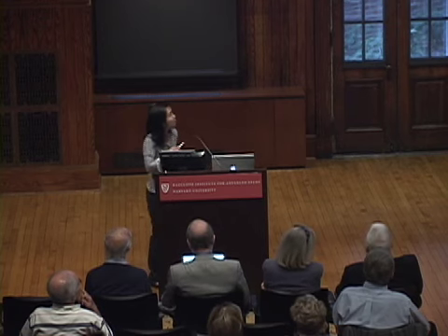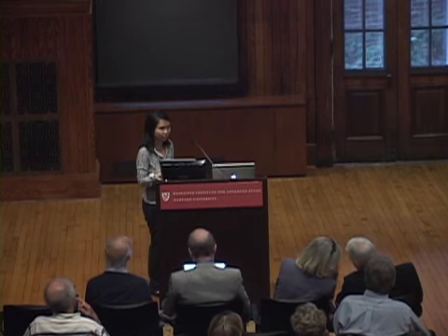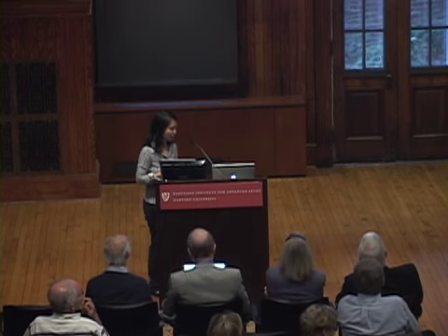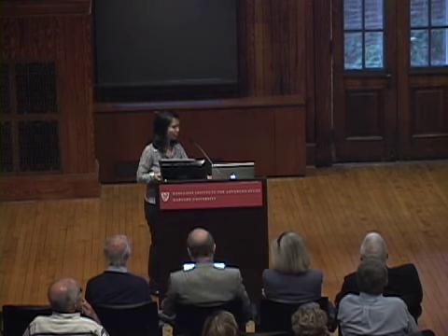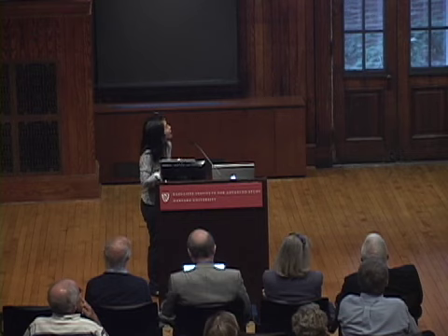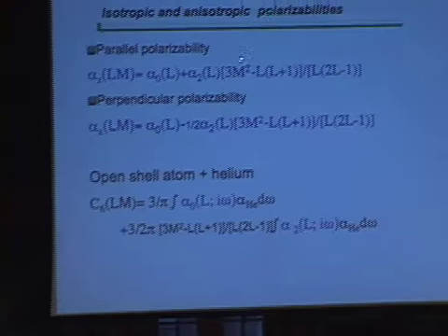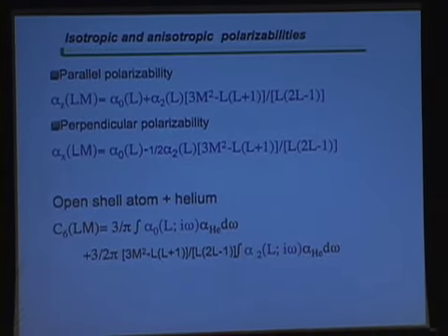Then for these atoms, if the angular momentum is larger than 0, the polarizability is actually anisotropic. So we have to determine a rank 0, this is isotropic polarizability, and also an alpha 2, which is an anisotropic polarizability.